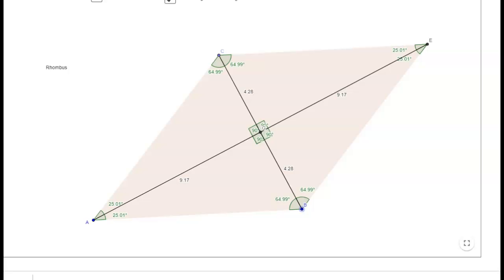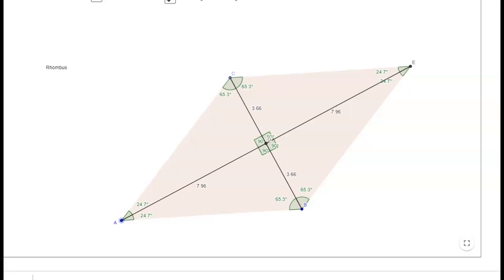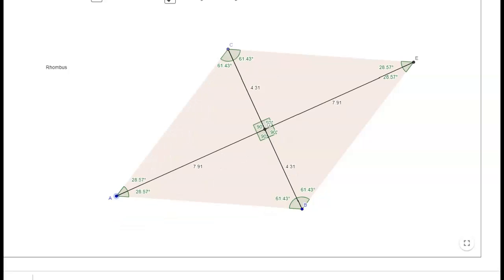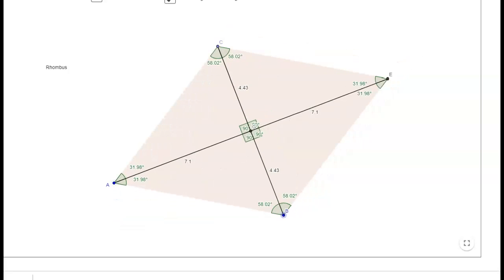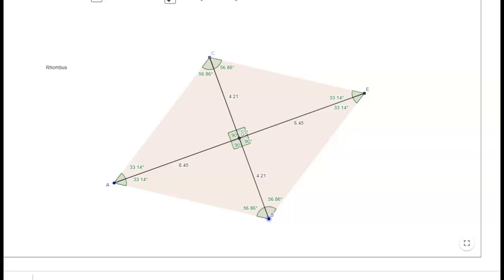The second thing I want you to notice is look at angle A. Each angle is 24.7. Look at angle C. Each angle is 65.3. So the diagonals also bisect the angle. That is a special property of rhombuses or rhombi.